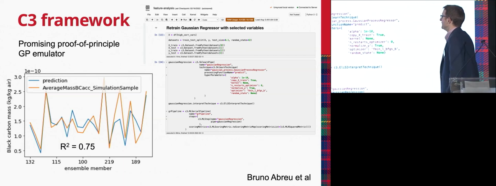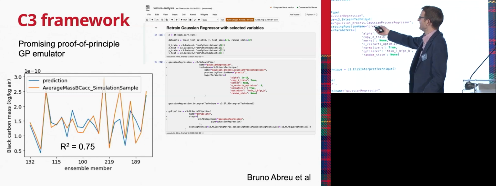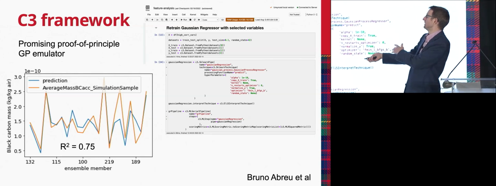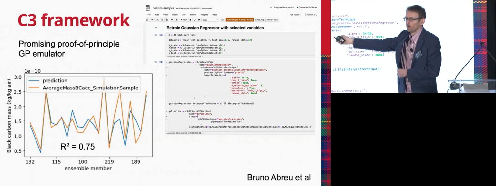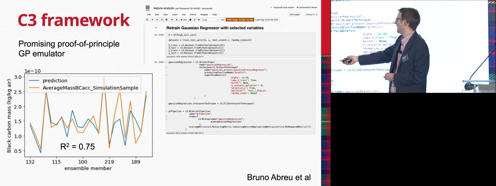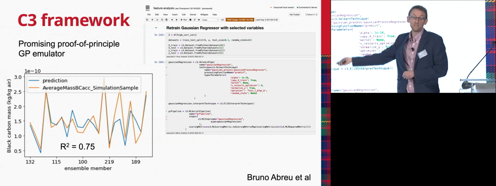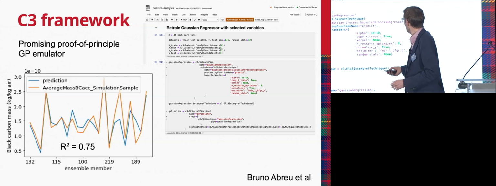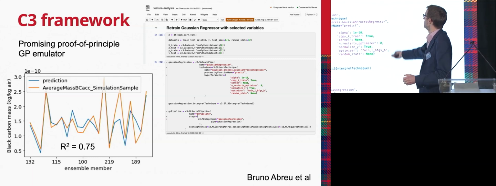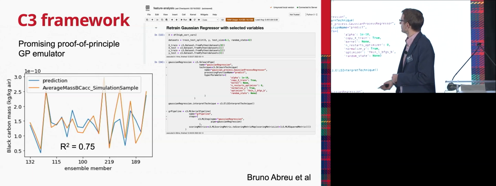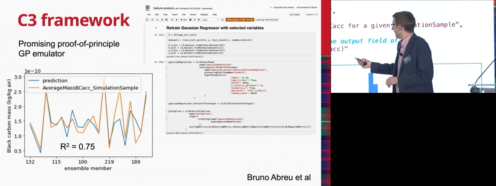And over our 221 input simulations, you can see that the emulator gives a reasonably good correlation with an R-squared of 0.75 to the input simulations. We need to improve on this further, but it's proof of principle. It does the job. And this is all done in the C3 infrastructure as shown in my snippets.